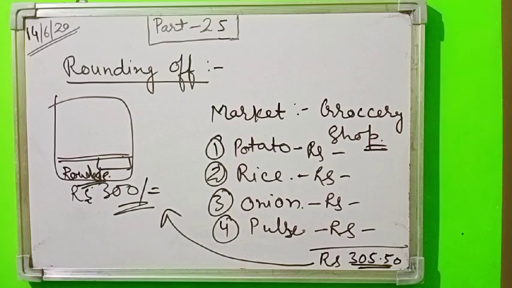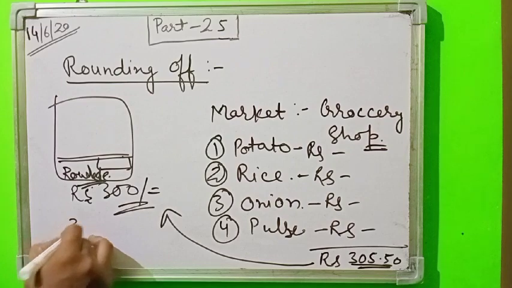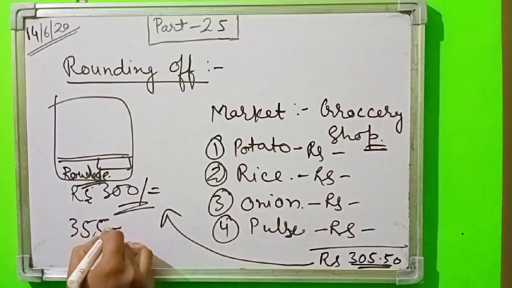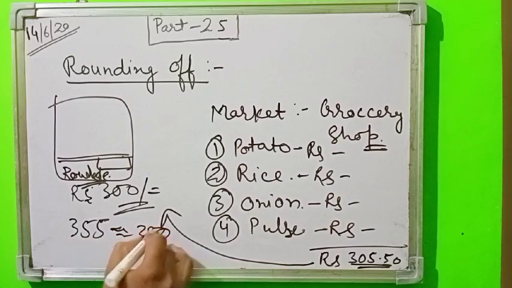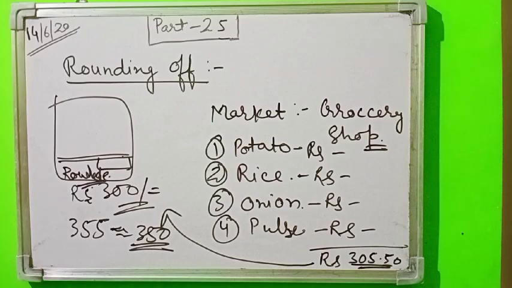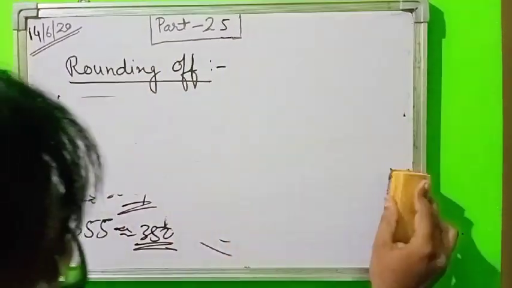Suppose it is 355, then it is rounded off to 350. So in trading sense, in life examples, it is just like that. But we are discussing rounding off in physics. In physics the meaning and the concept are the same, but there are certain rules implemented which we have to study.